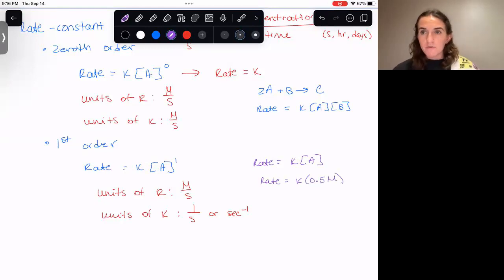The concentration of A is where you get that molarity value. In order to get your final units to be molarity over seconds, we don't want an extra molarity on the bottom, because then it would cancel out. We just need this to say 1 over s. Okay, thank you.